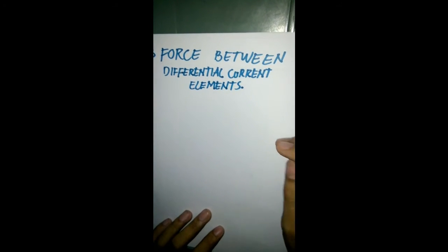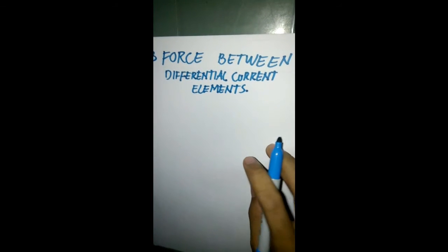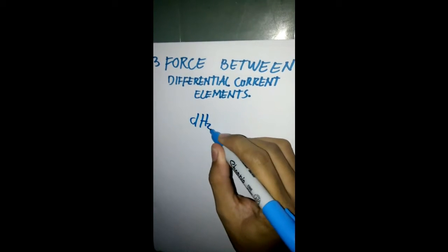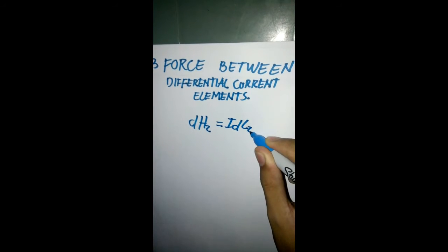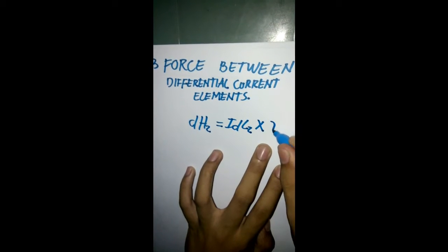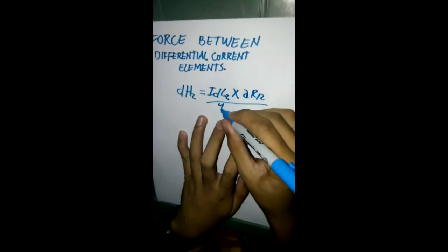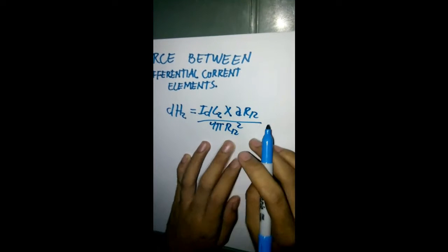The magnetic field at point 2, due to a current element at point 1, was found to be dH2 equals I1 dL1 cross product aR12 all over 4 pi R12 squared.